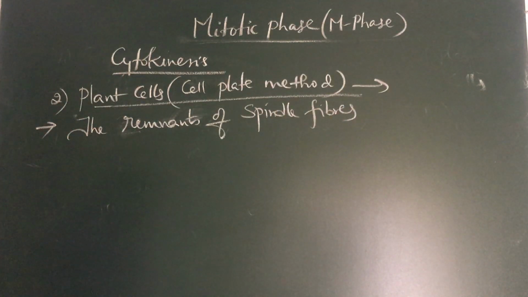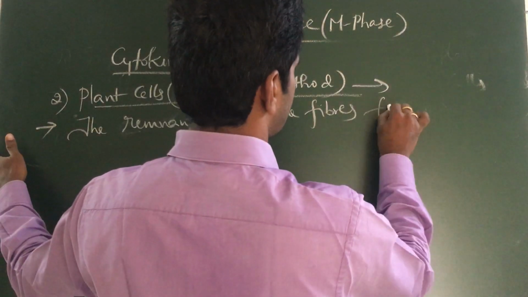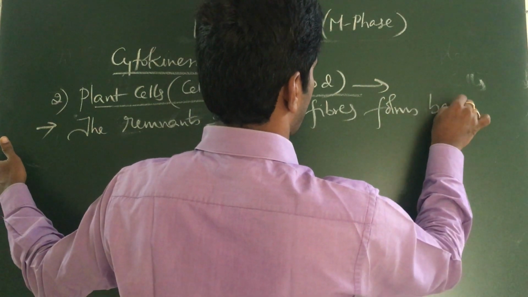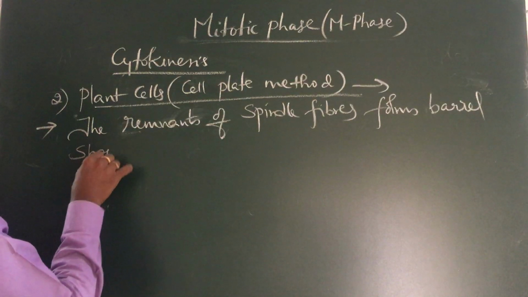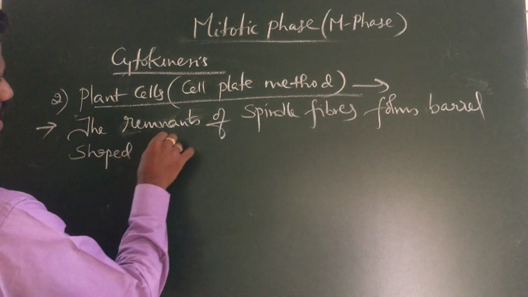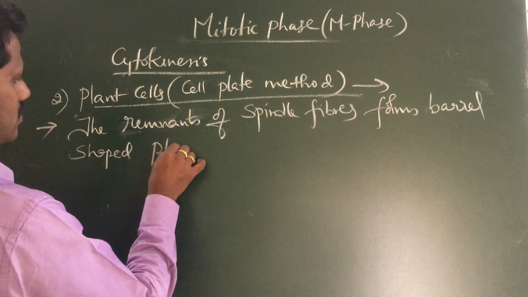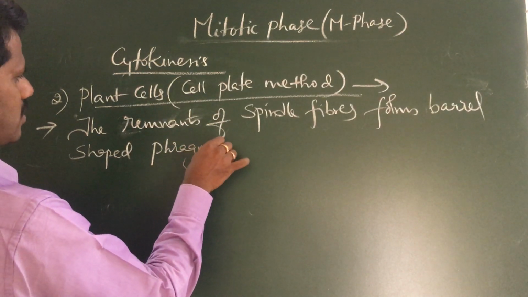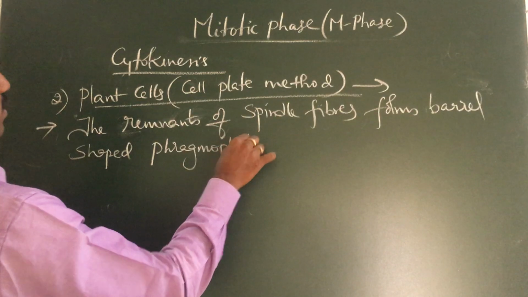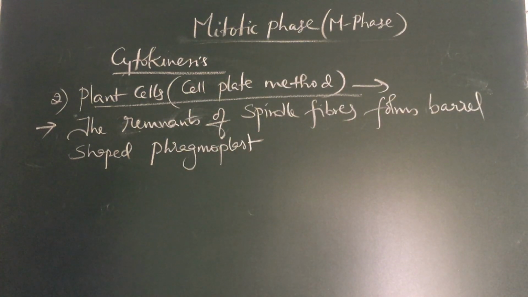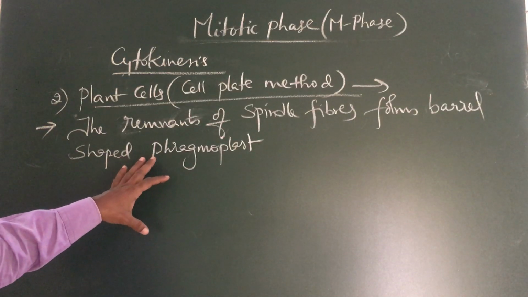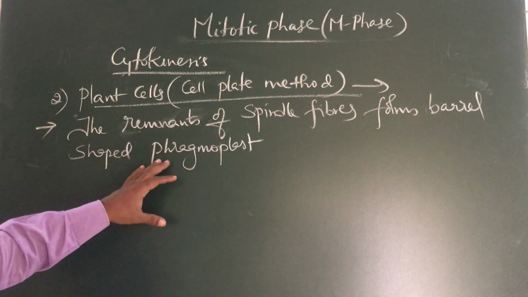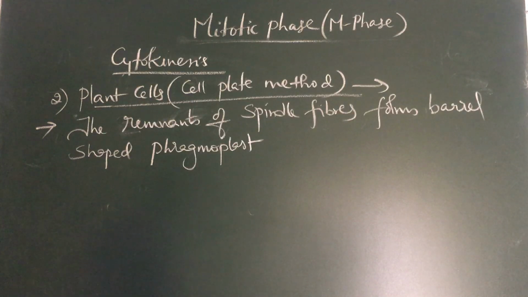The remnants of spindle fibers form a barrel-shaped phragmoplast. It forms a new structure called a phragmoplast with the spindle fibers.